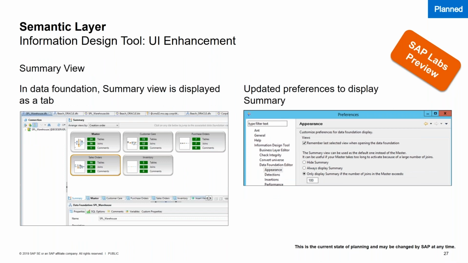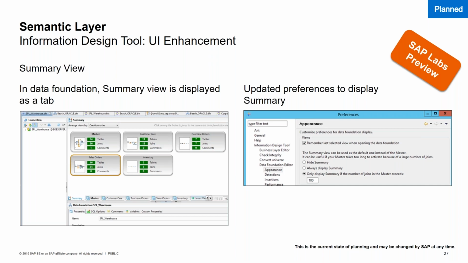Another user interface enhancement: you now get a brand new summary view in the data foundation. A new summary view is displayed as a tab, to avoid opening the master view every time you would like to see them.